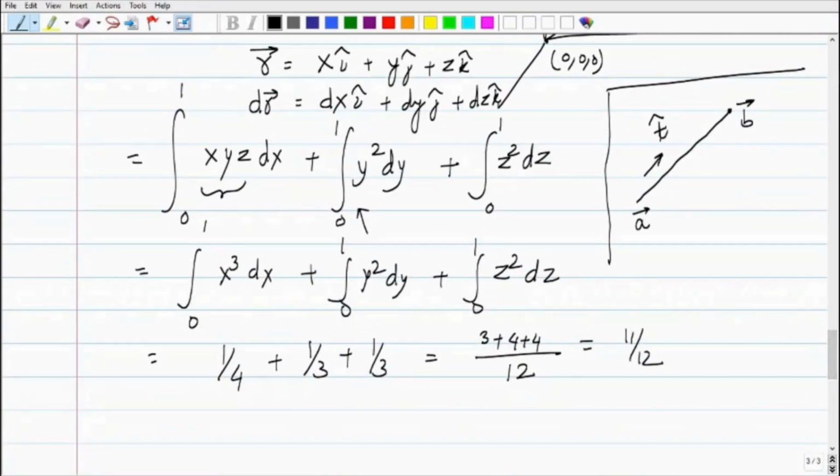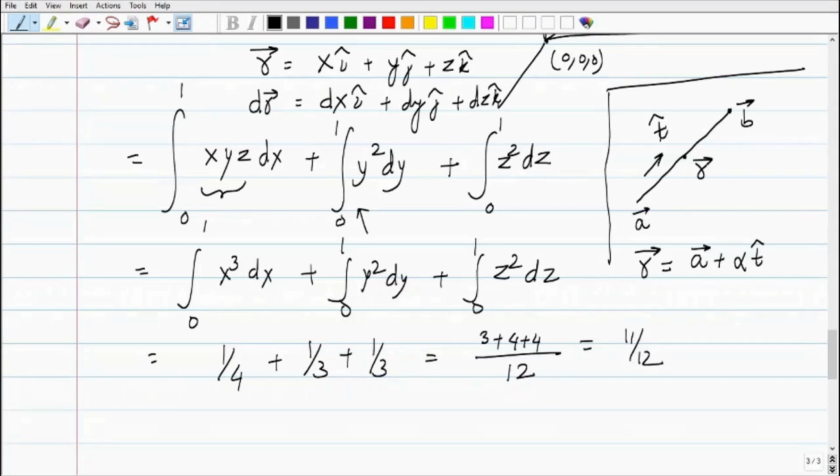Any point small r on this path can be written as small r equal to A plus some scalar, let's say alpha, into t.